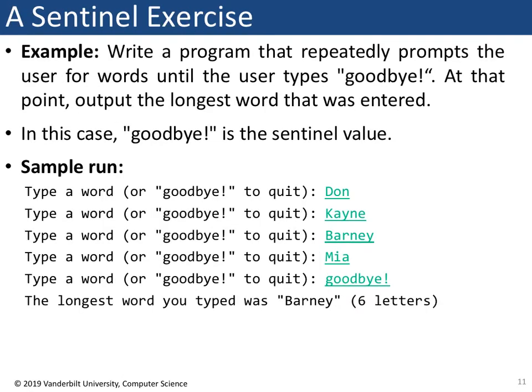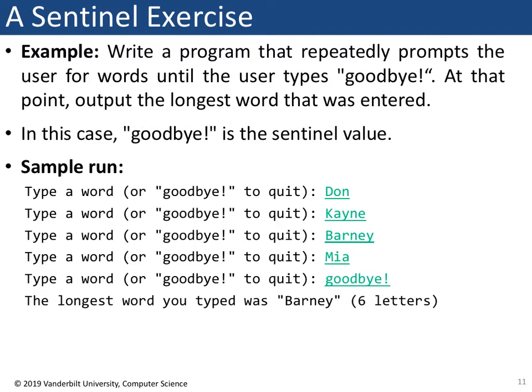So let's write a program that is going to prompt for a word or words until the user types goodbye followed by exclamation mark. When they type goodbye followed by exclamation mark, the loop will exit. So an example run would be: type a word or goodbye to quit.